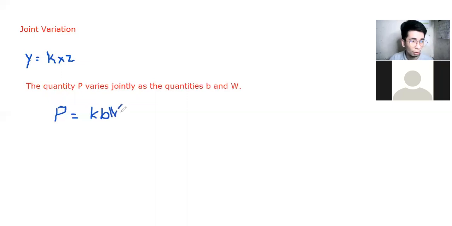Which is K, B, W, ang operation natin sa kanya is multiplication naman, diba? So, wala namang masyadong sa paggagawa ng formula dito. Basta sundan lang natin. Y is equals to kay XC. So, dito, yung Y natin, yung letter P. Yung K natin, K pa rin siya kasi constant of variation pa rin naman siya. Yung X natin, naging letter B lang.